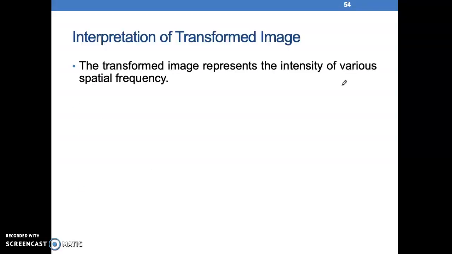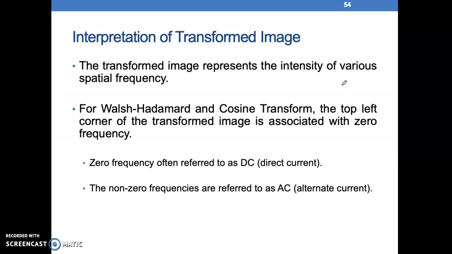As a conclusion, the interpretation of the transform image. The transform image represents the intensity of various spatial frequencies. It is not like the spatial domain, where you can see what is in the image. If you transform, it only represents the intensity of the various spatial frequencies.